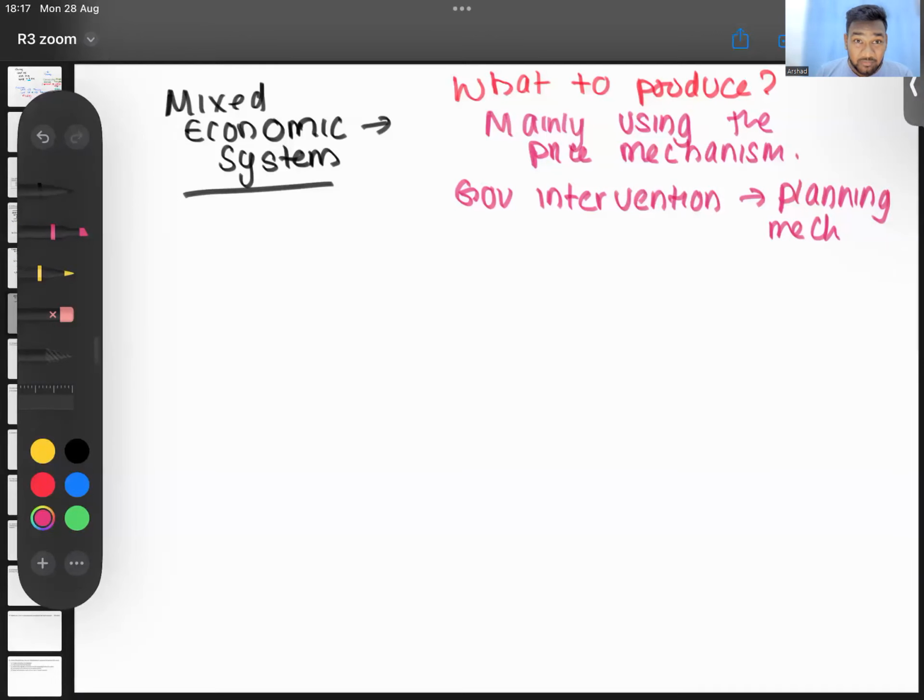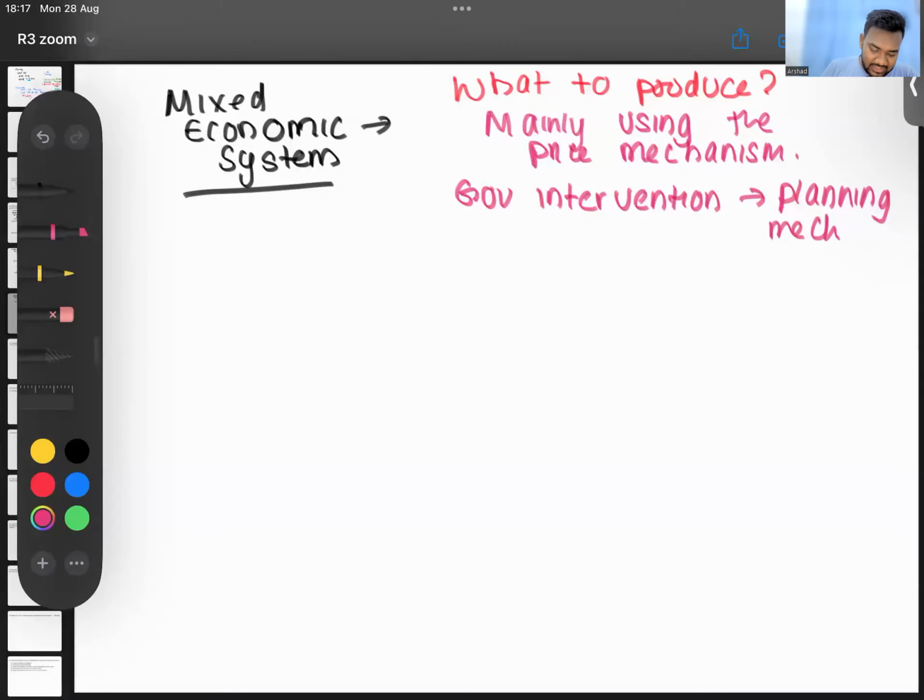But however, there will be government intervention, right? And the government will also provide certain goods and services using the planning mechanism. So mostly the goods that the private sector is not adequately providing, right? Education, healthcare, transport, right? The public goods, like let's say street light, national defense, government will come and provide those.